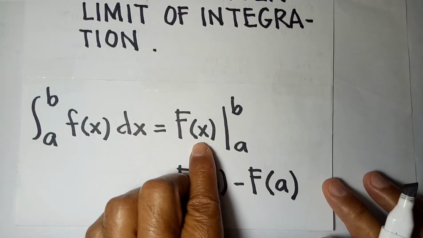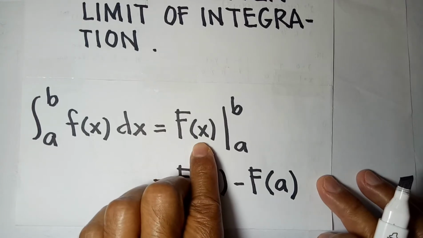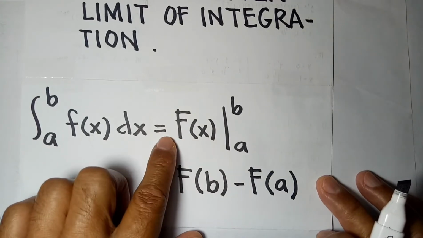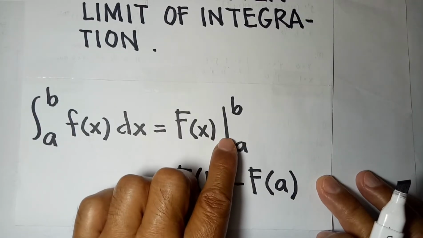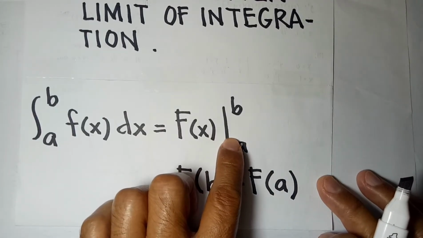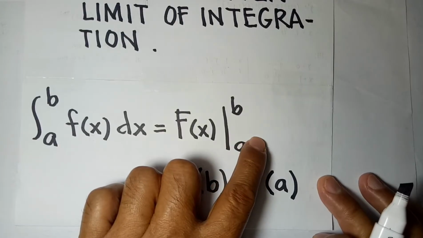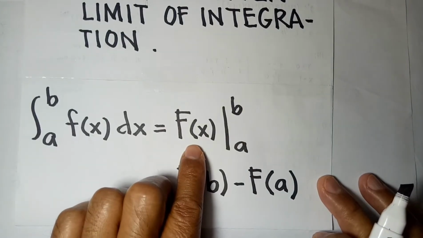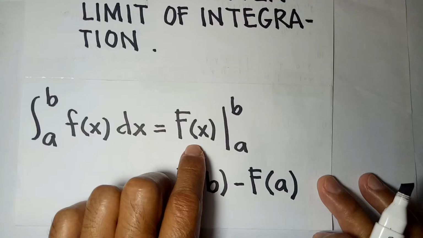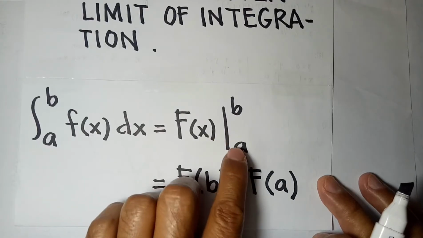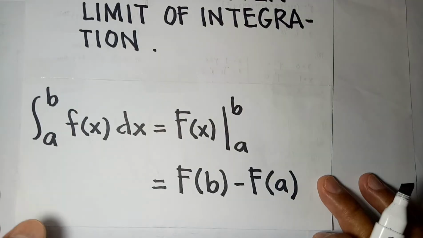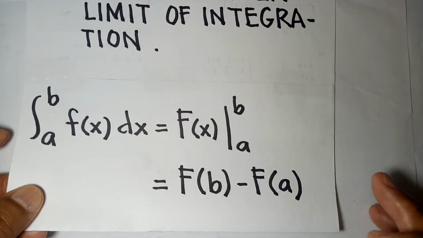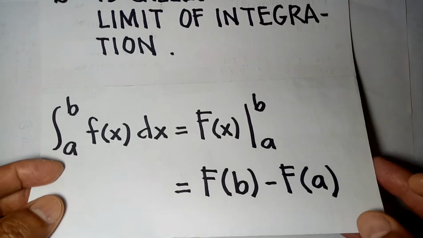Makita natin dito na yung ating result ng integral ng f of x dx ay walang plus c. So, yung plus c kasi na yon ay hindi na masyadong importante sa topic na ito, no, kahit hindi na ilagay, dahil sa process ng pag-evaluate ng F of x from a to b, yung c ay ma-eliminate. Okay? So, pakita natin kung paano yon.